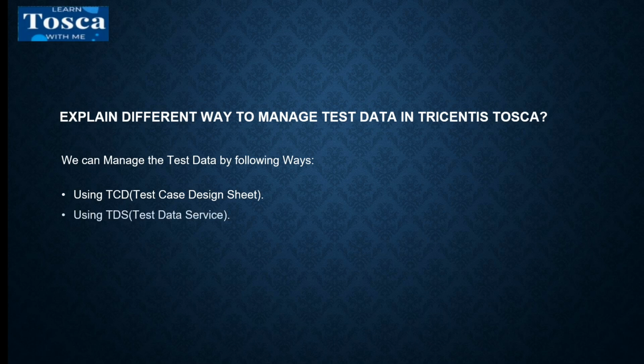The second one is TDS. This TDS is also a very important topic which plays a very crucial role in managing test data. Using TDS we can manage our test data centrally, so that multiple test cases can access the same set of data.